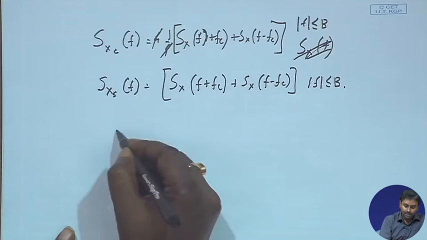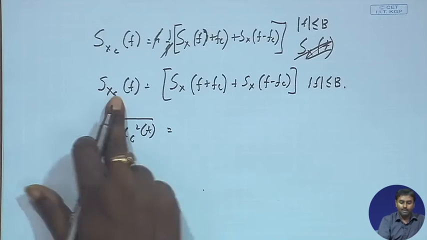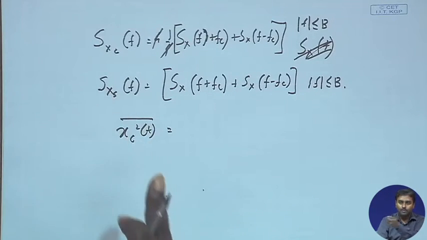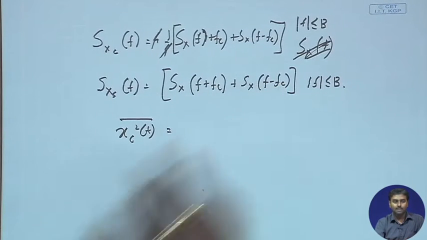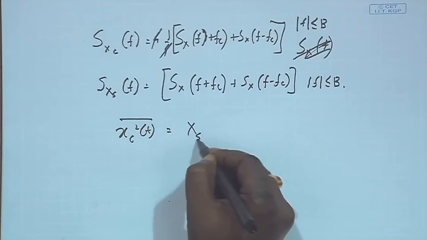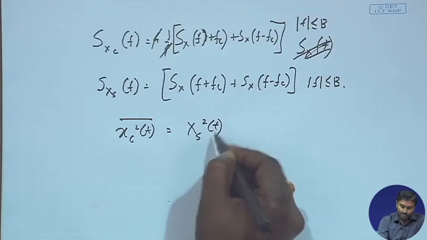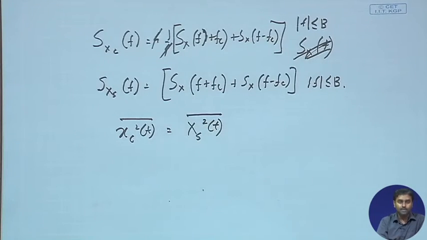If you just try to calculate this power, that must be the integration of this one over the whole spectrum. Okay. So, this is just defined within B. So, it should be this plus this, Sx plus Fc within this and minus Fc within this. So, that should be the power of this. Similarly, Xs squared t also has the same power spectral density, so it must be the same.